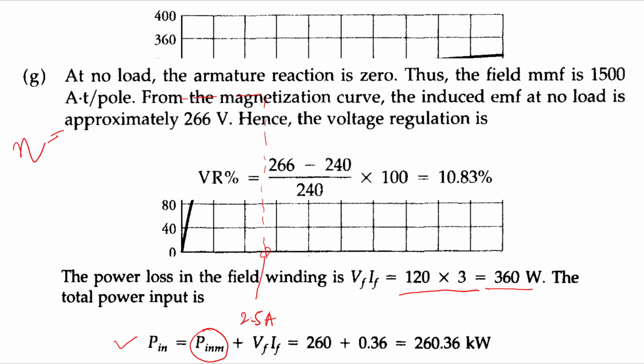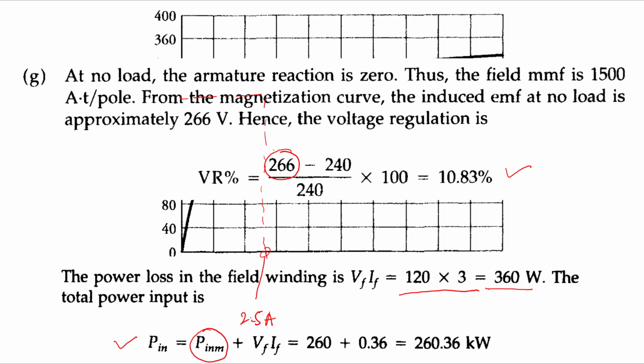Another part is remaining, G, that is voltage regulation. So voltage regulation you can find as no load voltage minus full load voltage divided by full load voltage into 100, right? So it is coming around 10.83%. And from the magnetization curve we have to find this no load voltage, right?